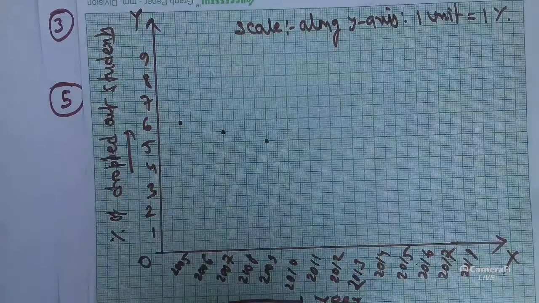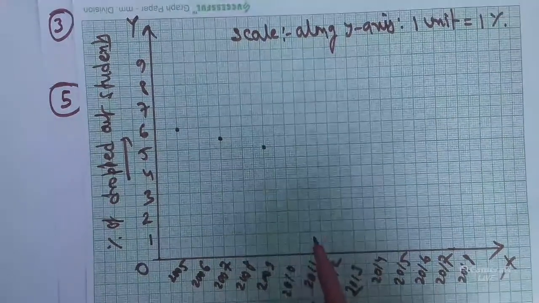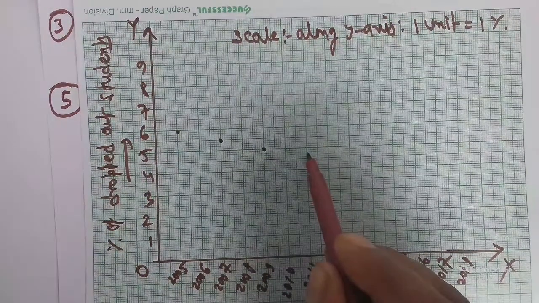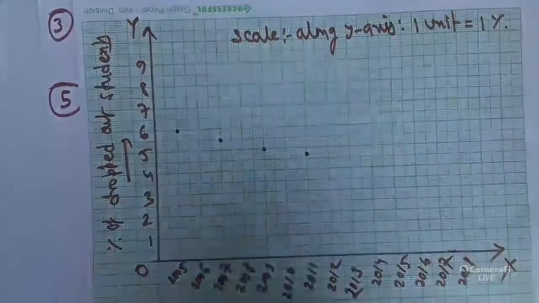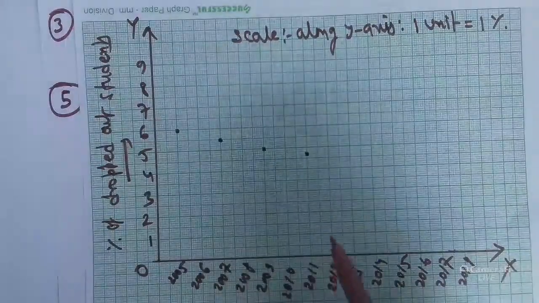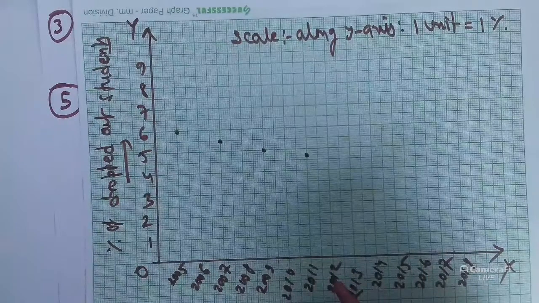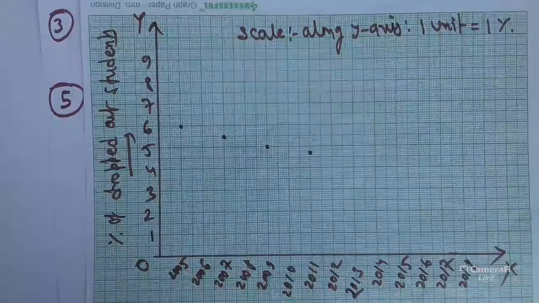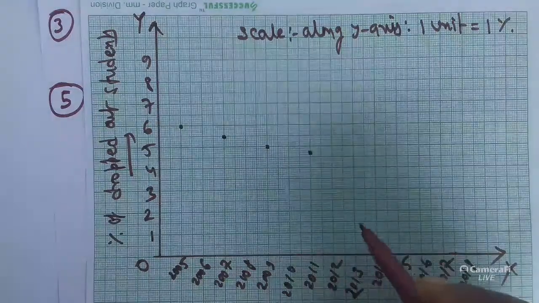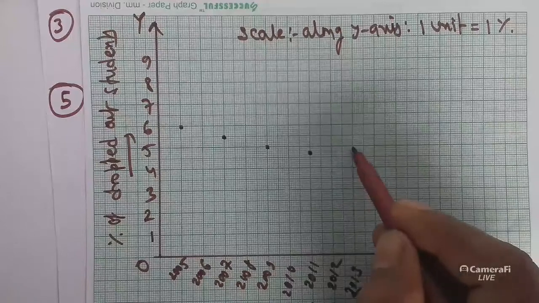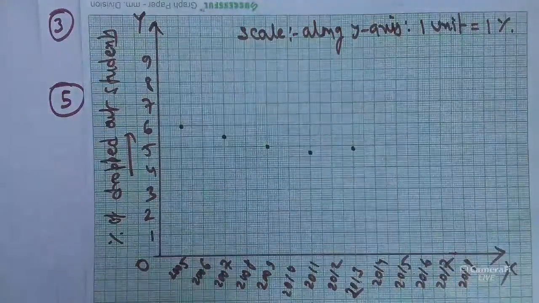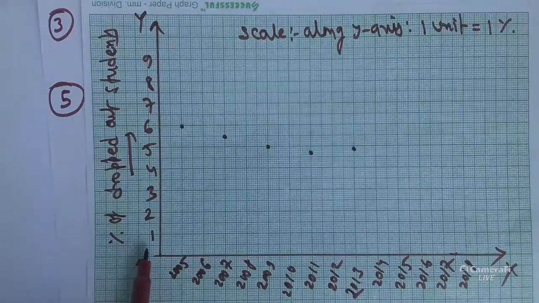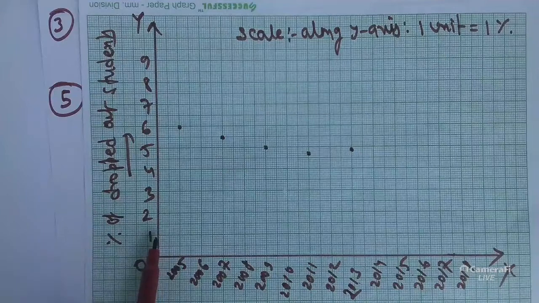Then 2011 is 4.7%, so this one is 4.7. Then 2012 is not given. Now 2013 is 4.9, so it is 4 and 4.9. So here students, you can see that it is very easy to find out, because I have taken 1 unit is equals to 1%, and 1 unit is divided into 10 equal parts.